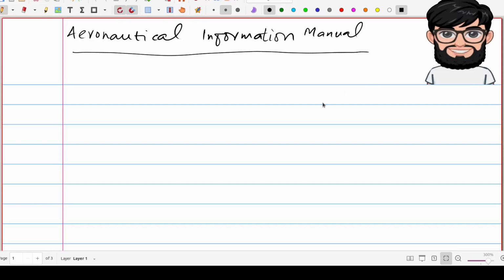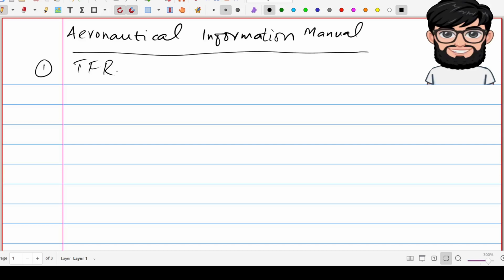This is going to be the second part of this topic, Aeronautical Information Manual. We're going to start with the TFR. TFR stands for temporary flight restriction, and this is issued via the NOTAMs.